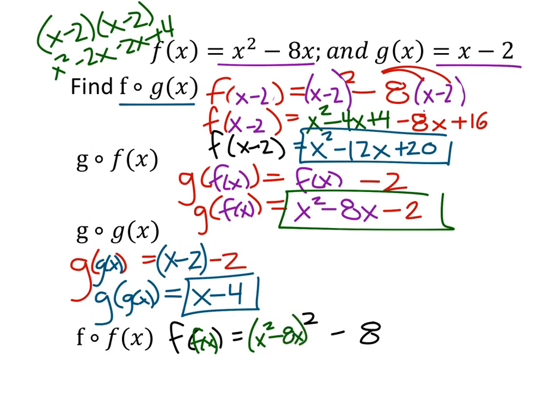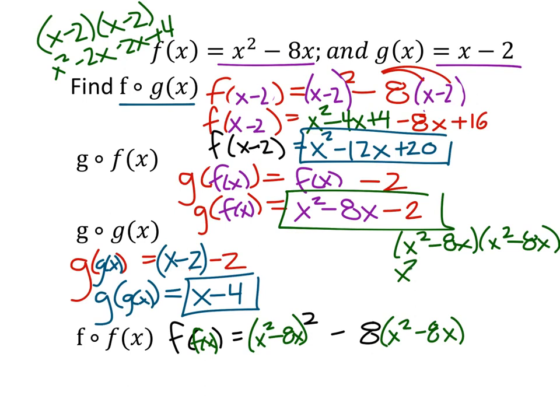Now this is that binomial squared, and we've got to replace this other x with x squared minus 8x. So let's take a look at x squared minus 8x squared. We'll expand it. I'm going to skip a few steps just for time's sake.